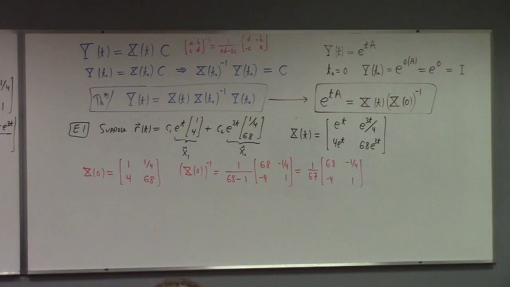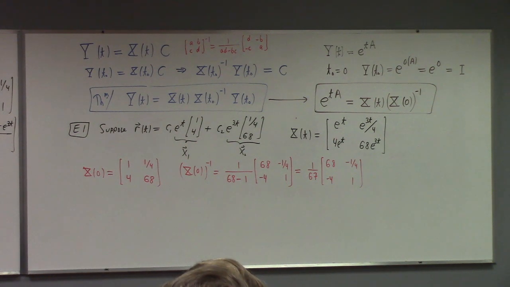And let's see here. What's 68 times 4? 292? 272? It should be 240 plus 32. I think 272. Correct me if I'm wrong. 272 e to the t. Oh, and there's another. I'm going to factor the 272 out. 272 times e to the t minus e to the 3t, I think.